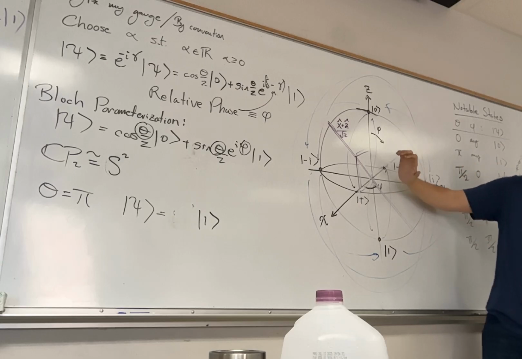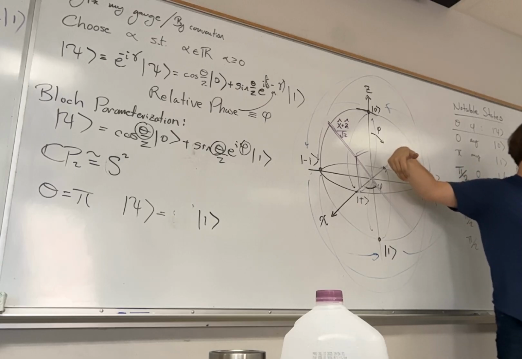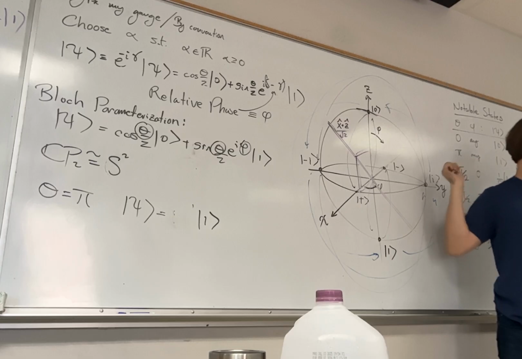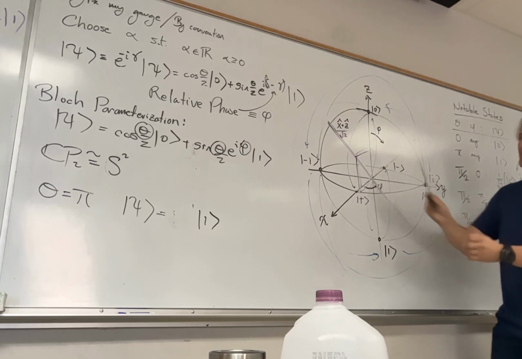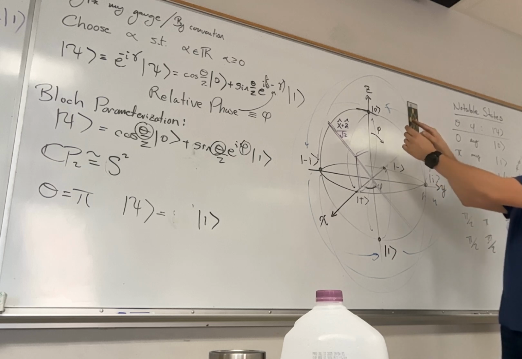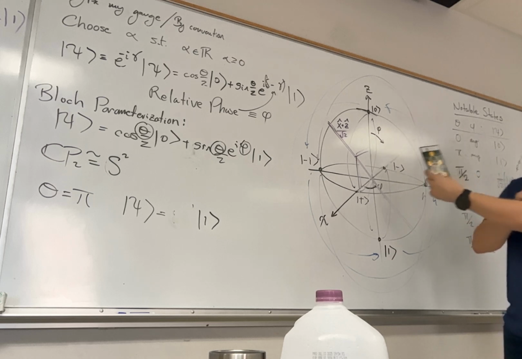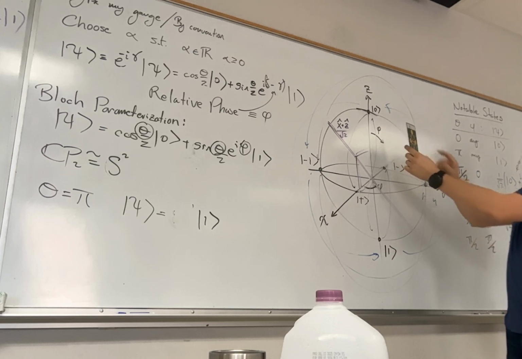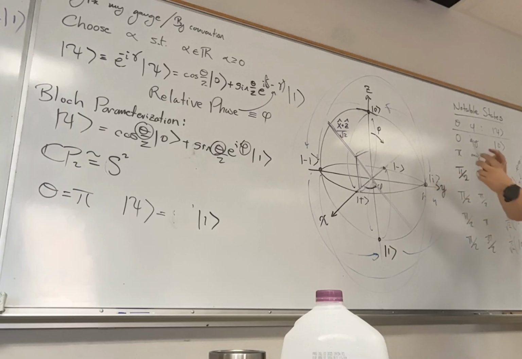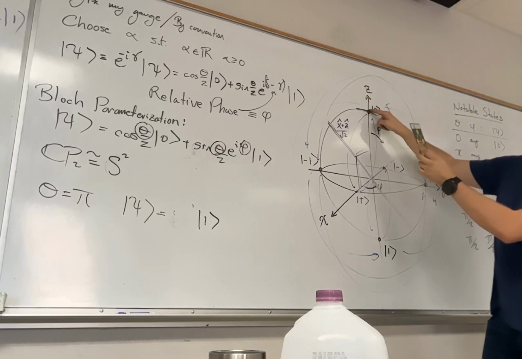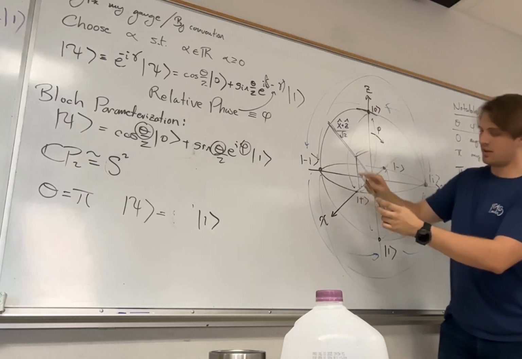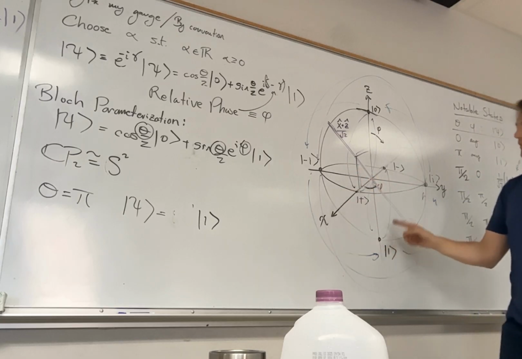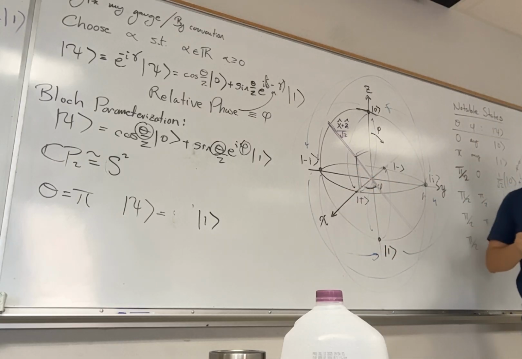The x rotation, again, is 180 degrees around the x-axis. What's half of that? A 90 degree rotation around the x-axis. And indeed, on this thing, I can see that the root x gate will map 1 to i, it'll map i to 0, 0 to minus i, and minus i to 1. So that's exactly right.